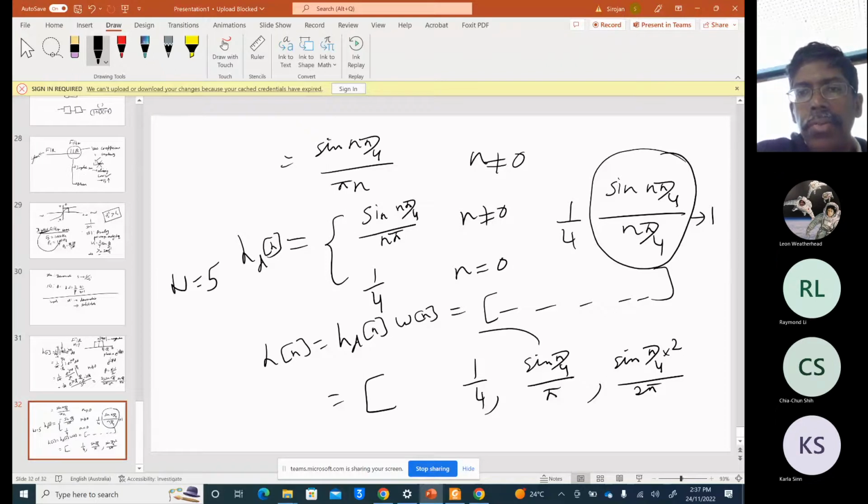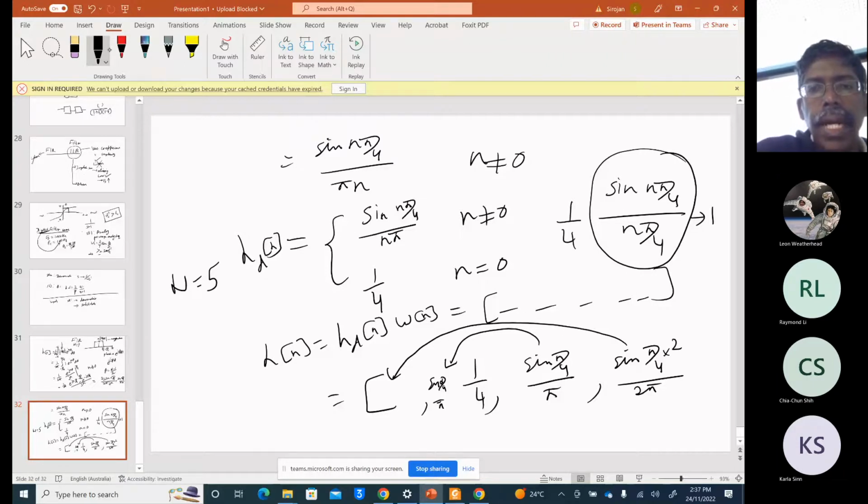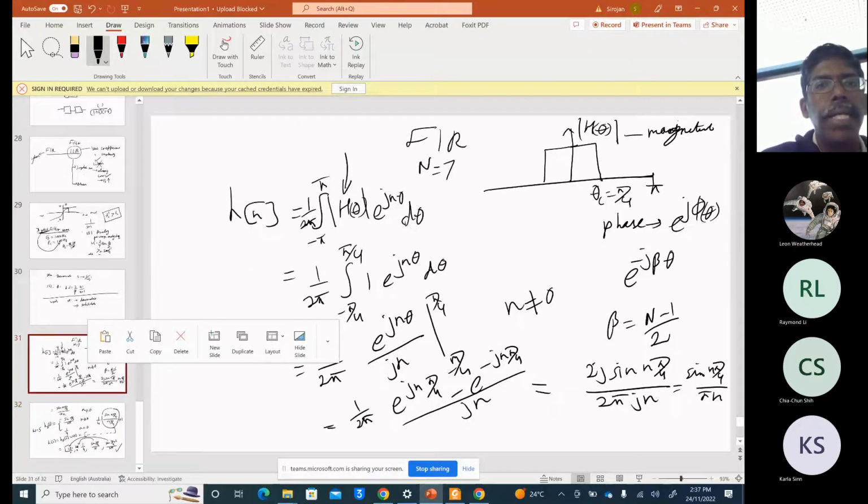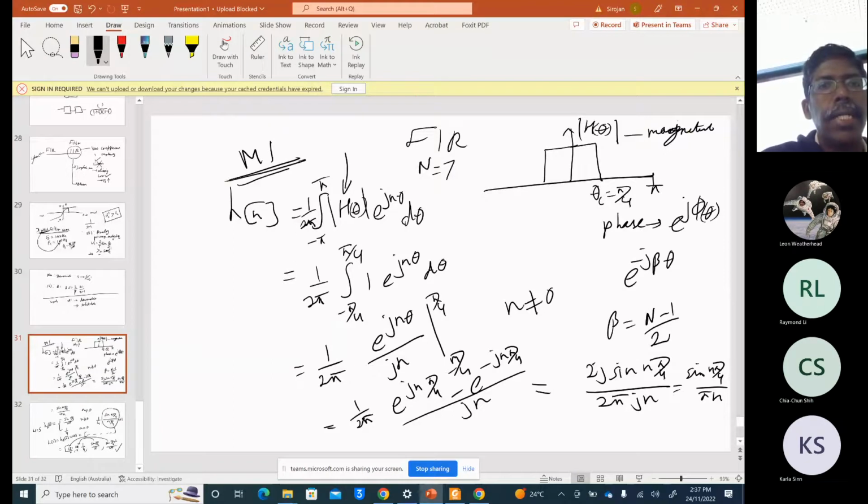So what we do is bring this one here, and this one here: sine pi by 4 by pi, and sine pi by 4 into 2 by 2 pi. Then this is linear phase. This is method 1.